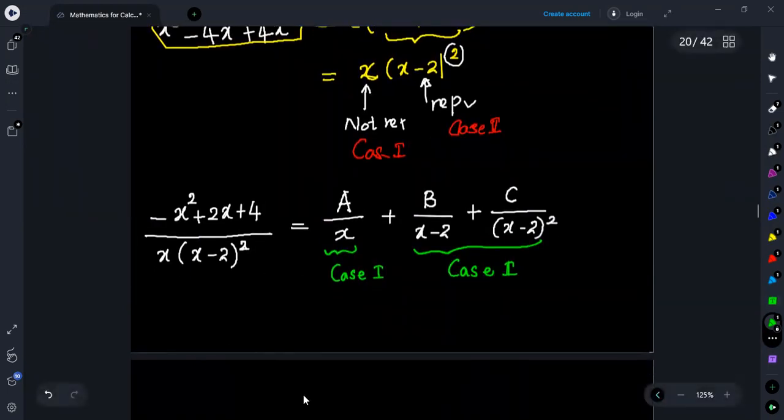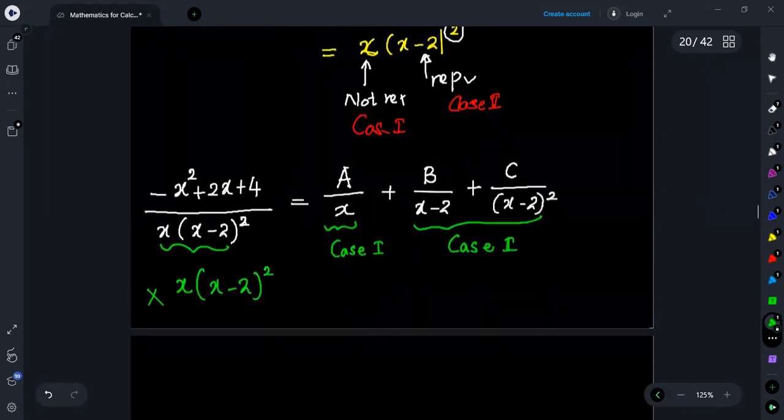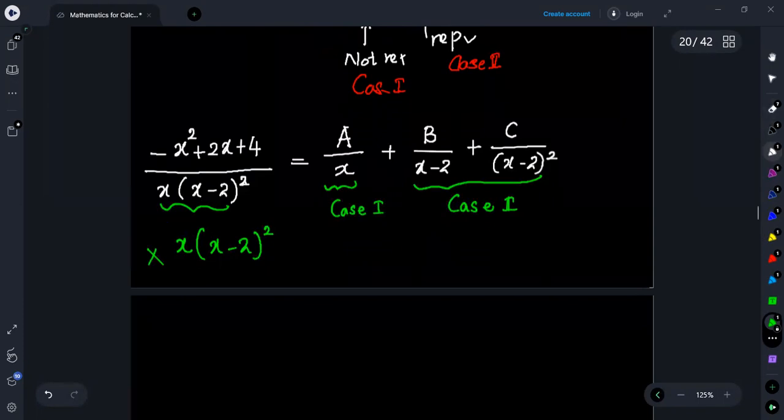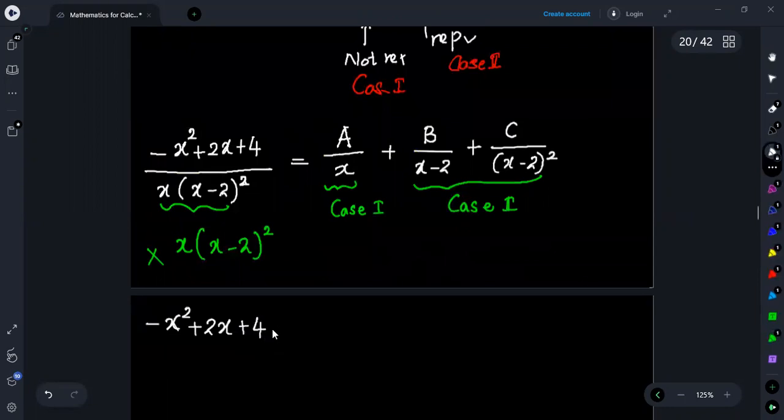Once we have obtained this expression, we are going to multiply both sides by the polynomial Q(x), x times (x - 2)^2. I'm not going to write the expression again. If we multiply, this cancels out, and the remaining part of the left hand side is -x^2 + 2x + 4.